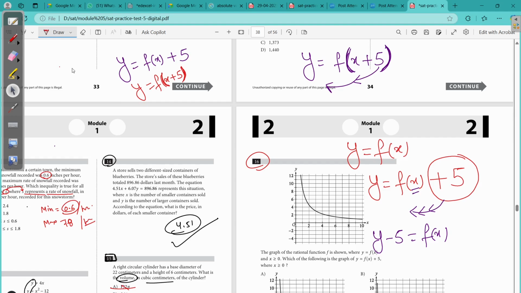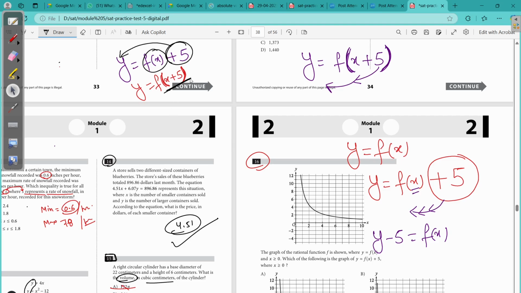Now, the second thing that we have to know is that this 5 is a modification in y. It changes your y coordinate. See, f(x) is already y and you are adding to it. So, like terms get added together. So this plus 5 is adding to your y coordinate.